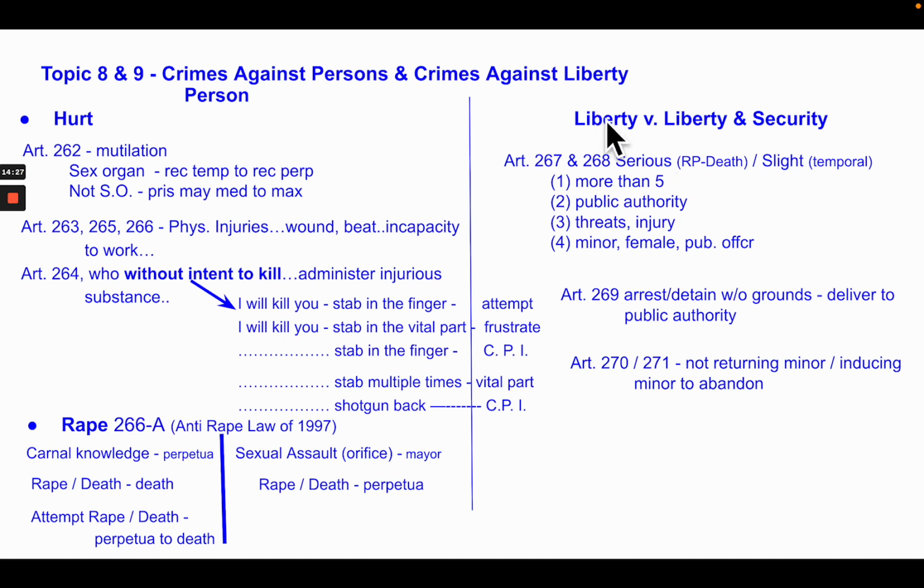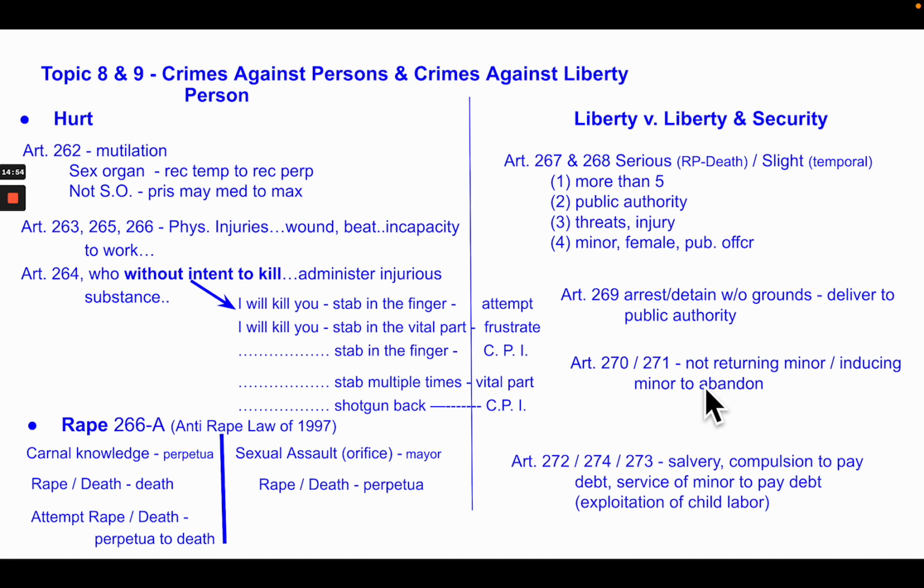So again, crimes against liberty is about detaining. But take note, in Articles 270 and 271, there is still a crime against liberty if you refuse to return a minor, no? Or if you induce that minor to abandon the home, that's your crime against liberty.